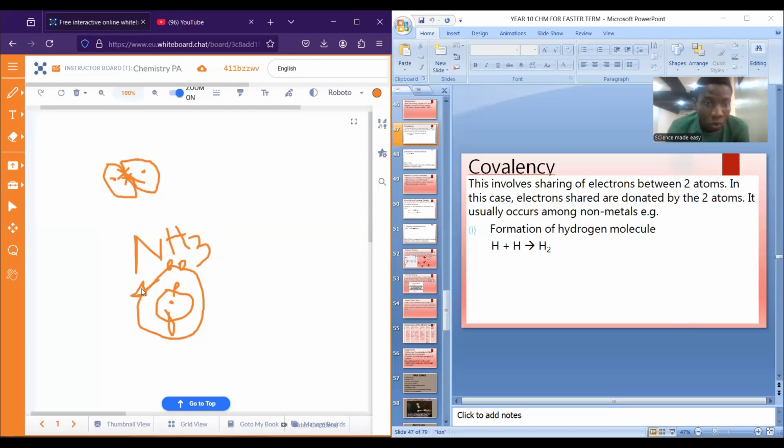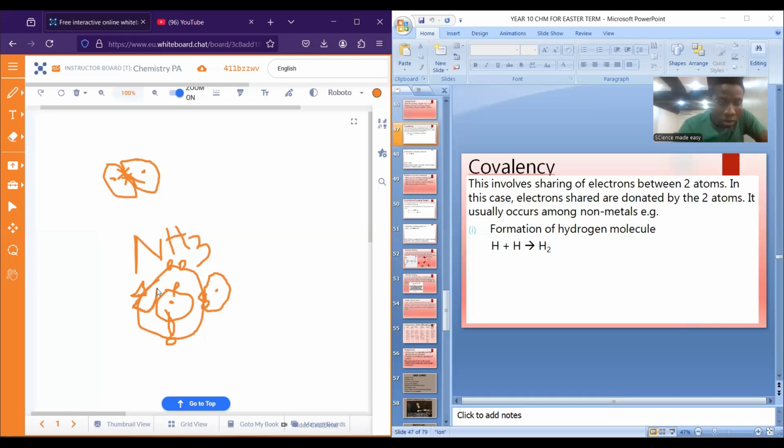Nitrogen is 7: 1, 2, 3, 4, 5, 6, 7. So this is nitrogen. Now we have 3 hydrogens. One hydrogen is attached here, so that place is complete.